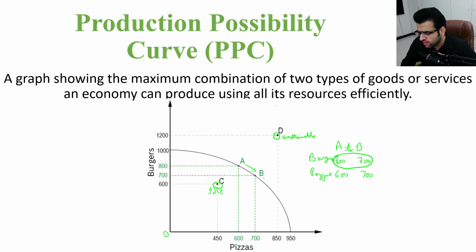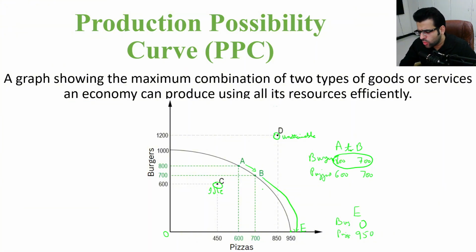But let's suppose we have to go from 700 pizzas to the extreme, that is 950 pizzas. If we go towards this extreme, let's call this point E, how many burgers do we have to give up? At point E, we are producing 950 pizzas and 0 burgers.